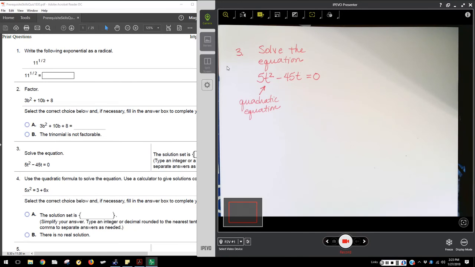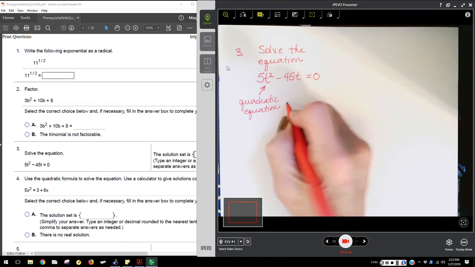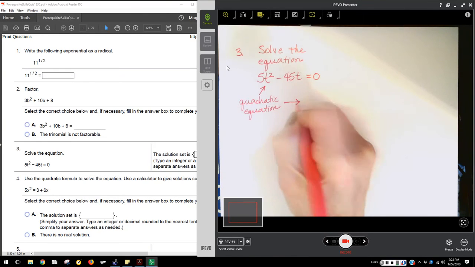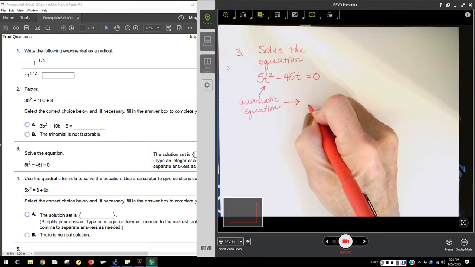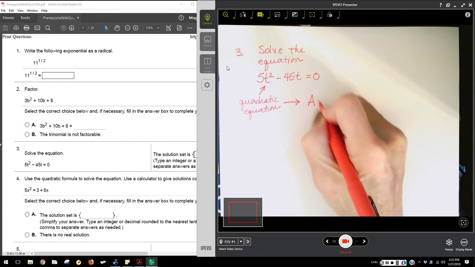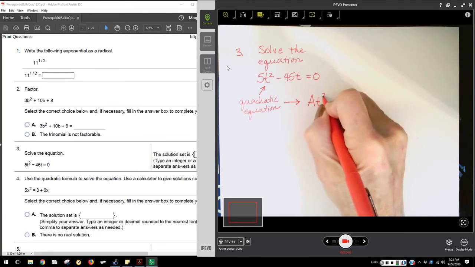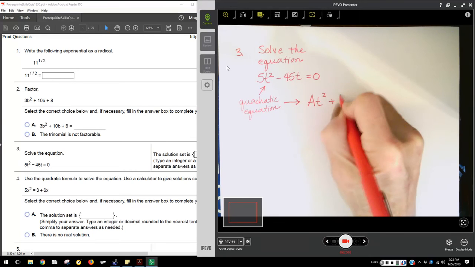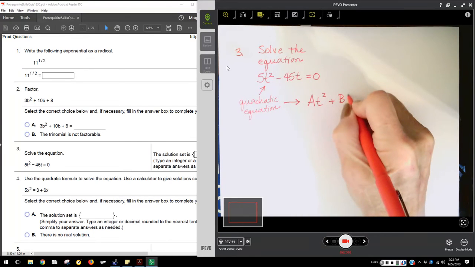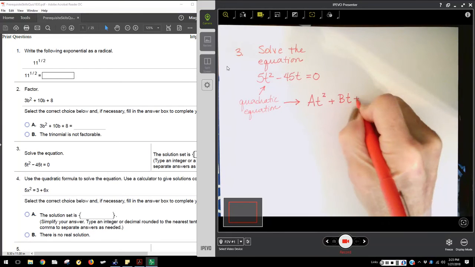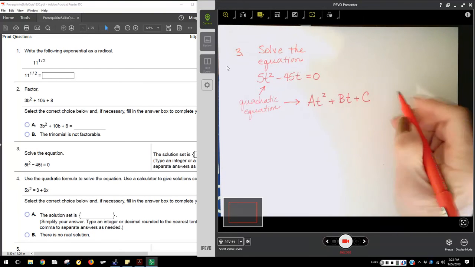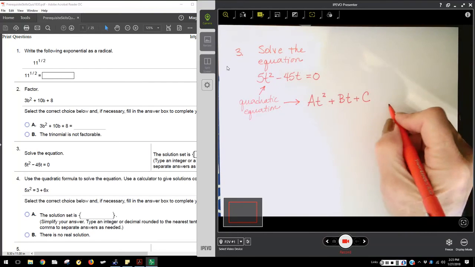Since it's a quadratic equation, the thing that I know about quadratics is that they are always equations of the form a times the squared term plus b times the term to the first power plus c, where c doesn't have a variable, c is just a constant.